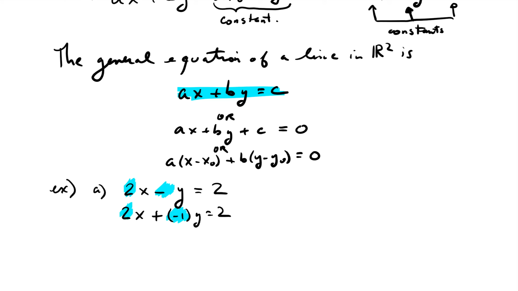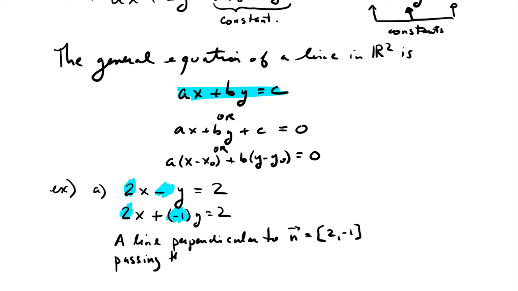Okay, so this is a line perpendicular to the vector n with coordinates 2, negative 1, passing through, this is a little bit more difficult to obtain. Well, it's not that difficult, but we have to compute something here. So I need to find a point that belongs to that line.